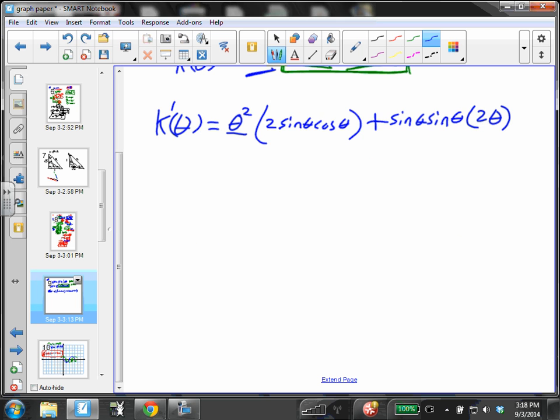Okay, and I'm just going to clean this up a little bit. So K prime of theta will be equal to, so all of this is being multiplied together, theta squared, 2 sine theta, and cosine theta. So the most natural way for me to write this is to multiply the 2. I like to put my constants in front. So I'm going to call it 2 theta squared times sine theta cosine theta.